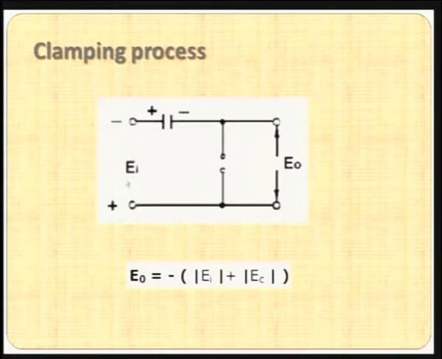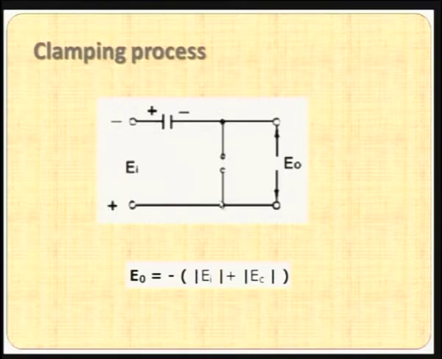So, during that instant of time the diode is in the reverse bias condition, and we know that in the reverse bias condition the diode will not allow current to flow through it. So, it will offer a very huge resistance, or say ideally infinite resistance.